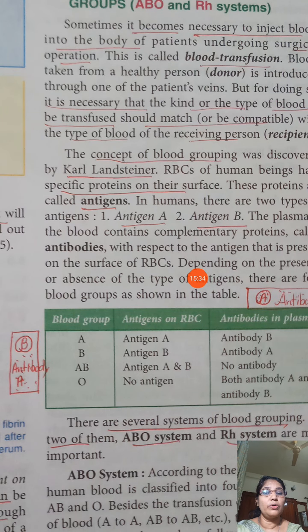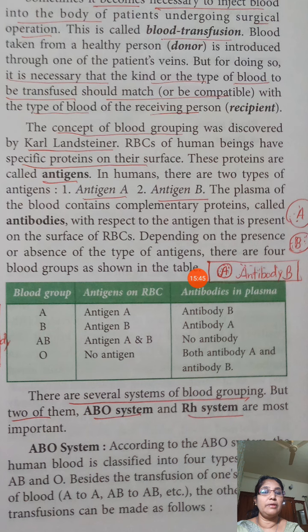Then O group person. O group means no antigen, 0. You can understand it as 0. No antigen on his RBC, but he will have antibody A and B. So O group person can receive blood only from the O group person, but since he does not have any antigen, he can donate his blood to any other group.